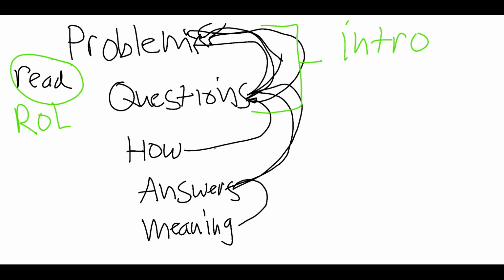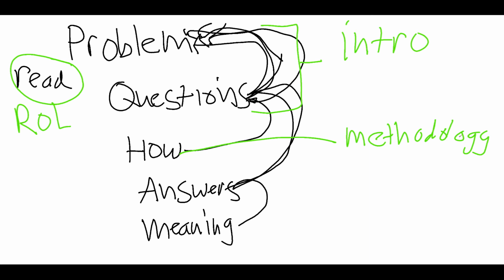How you're going to answer your questions, this is your methodology. In your methodology, you explain how you're going to answer your questions. You explain who you get data from. You explain how you analyze it. You explain your scales or your instruments that you're using.